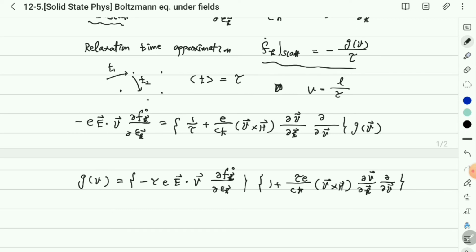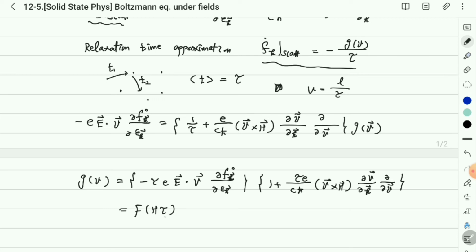This velocity v can also be written as the mean free path divided by the relaxation time. Therefore, velocity v can be thought of as a function of relaxation time tau. Anyway, it should have the functional form of the magnetic field in tau.